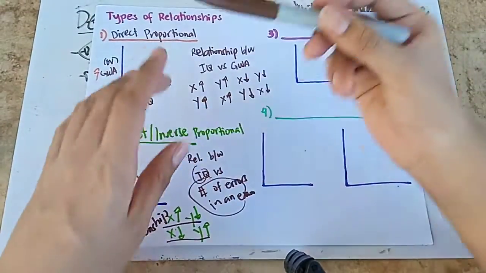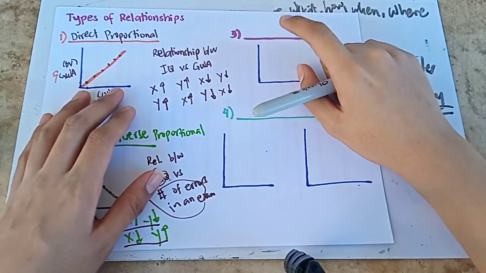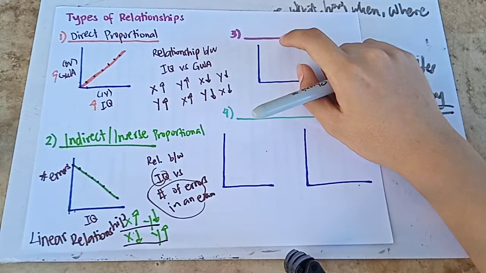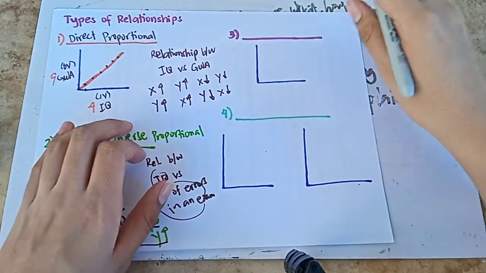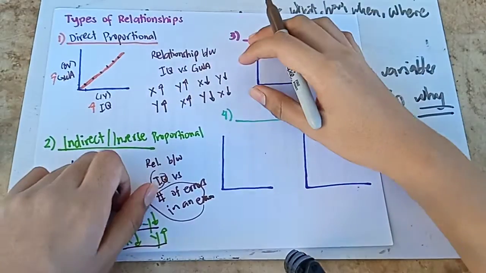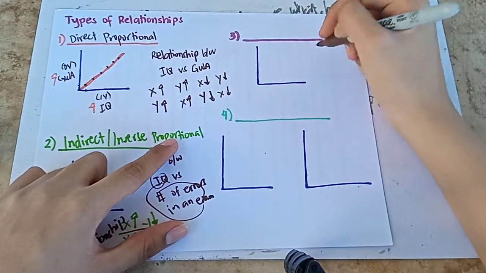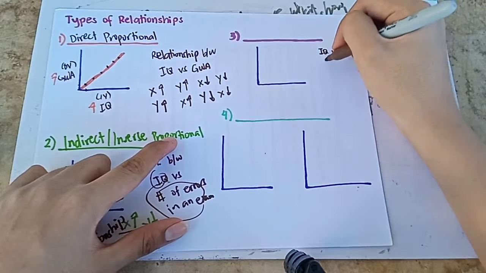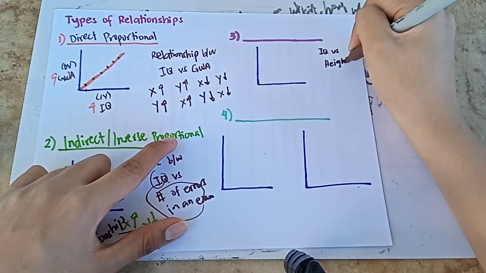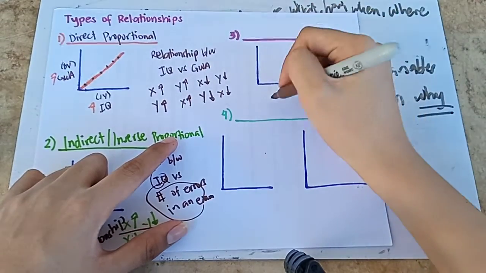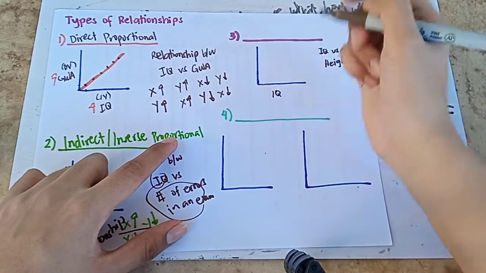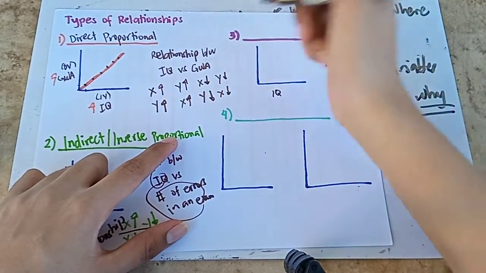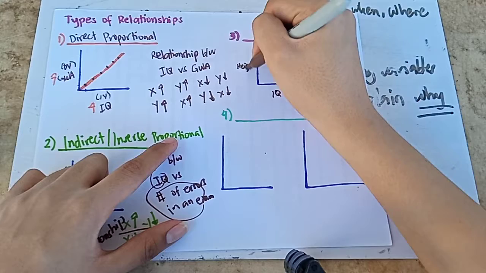So, next, we have relationship number 3. Let's say in relationship number 3, we have these two variables: the relationship between the IQ and the height. The independent variable is the IQ, and the dependent variable is the height.